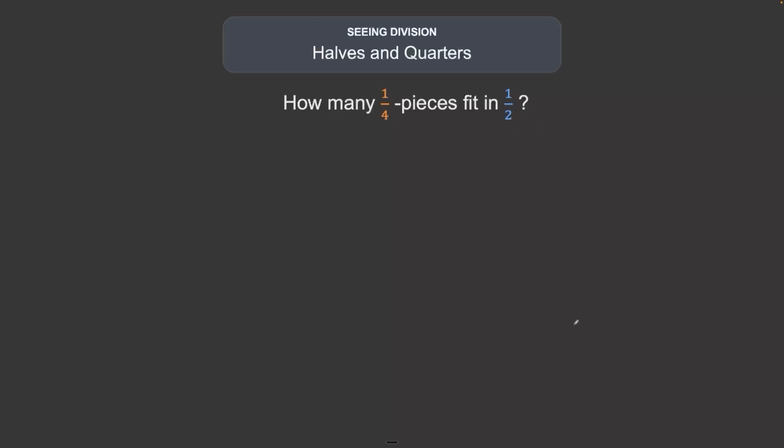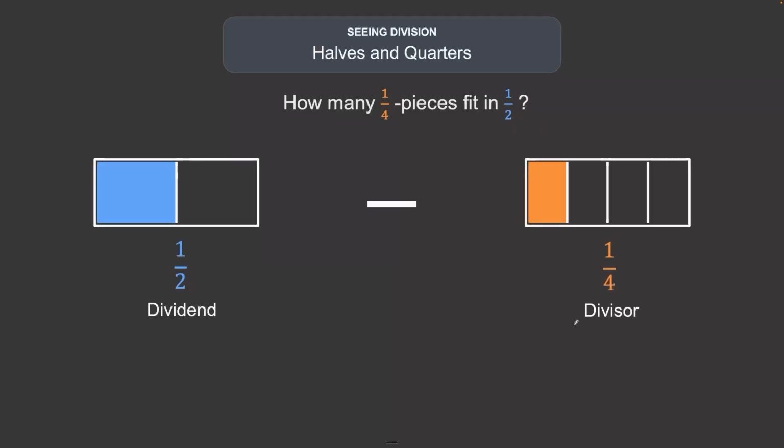How many 1/4 pieces do you think fit inside 1/2? This is half. This is 1/4. As you can see, these are the same units. So this big box is the same box. You can fit 2 1/2 units within the big box, and you can fit 4 1/4 units in the big box, which tells you that there are 2 1/4 units for every 1/2 unit.